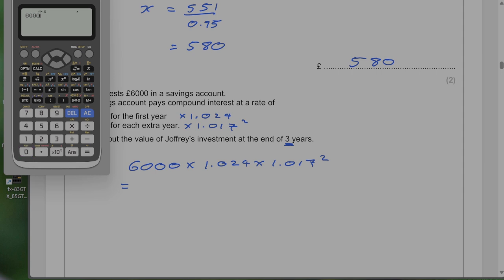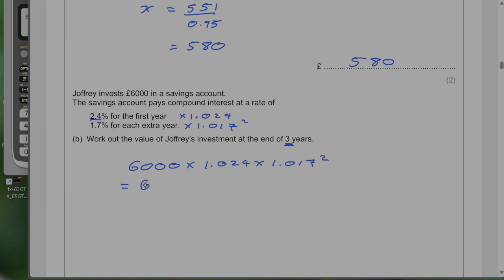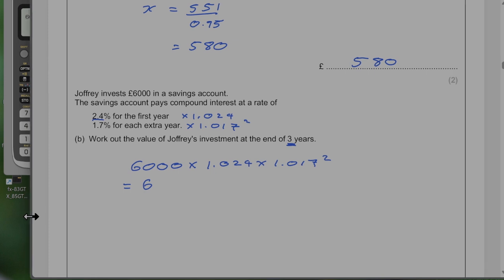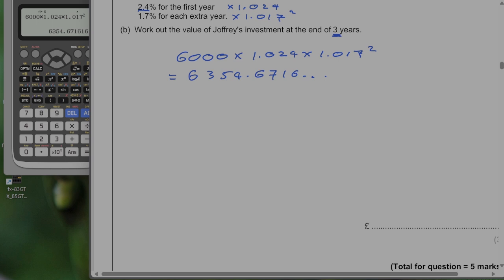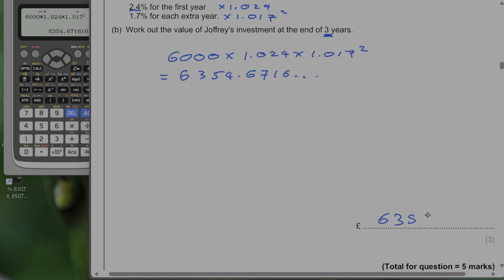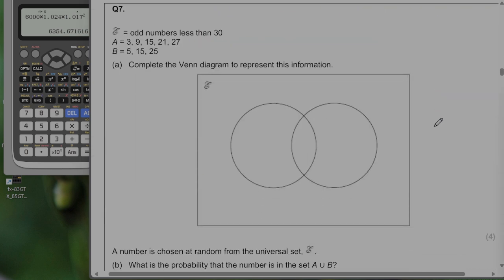So 6,000 times by 1.024 times by 1.017 squared gives us a total of £6,354.6716... show no rounding, and then my answer becomes £6,354.67.